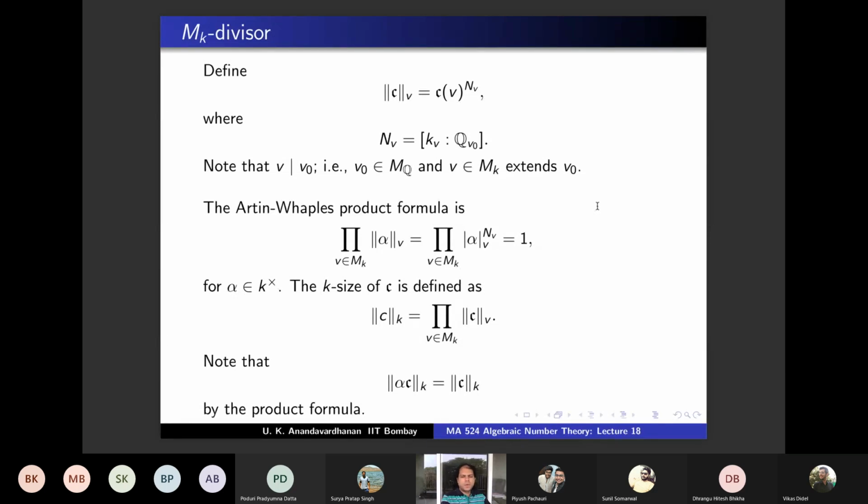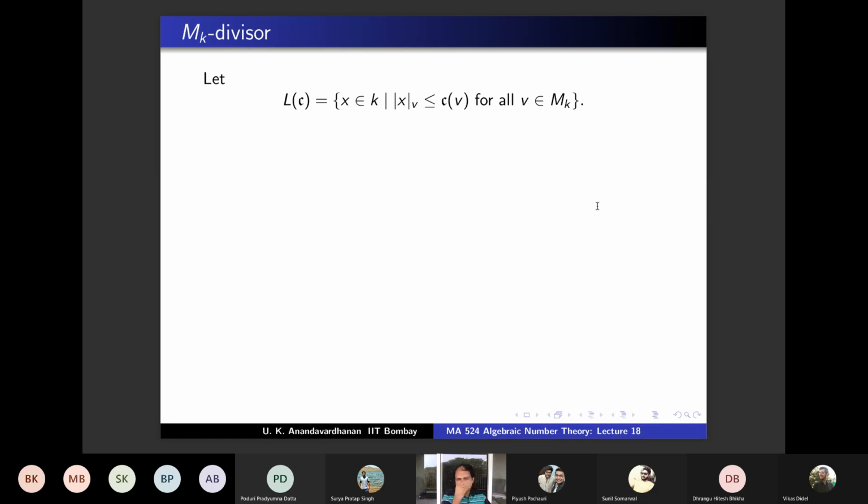So some number of notations here, and now we are going to consider this set.